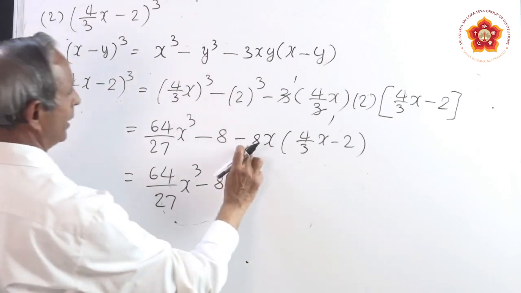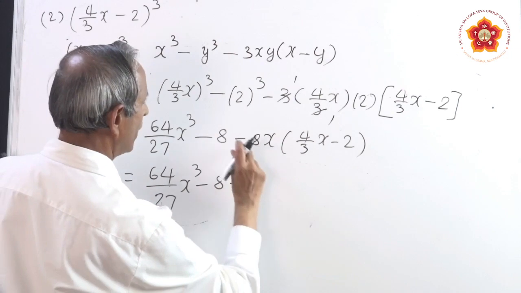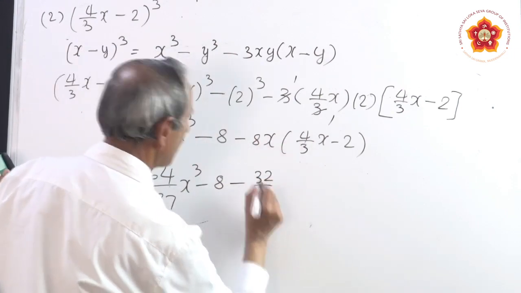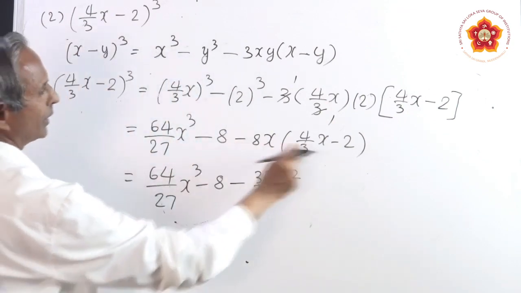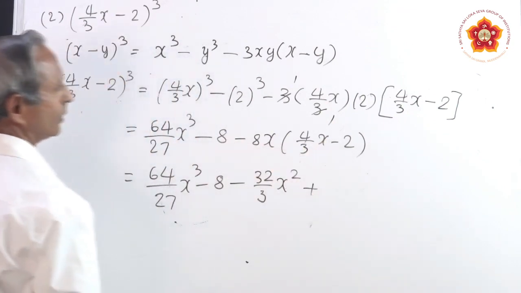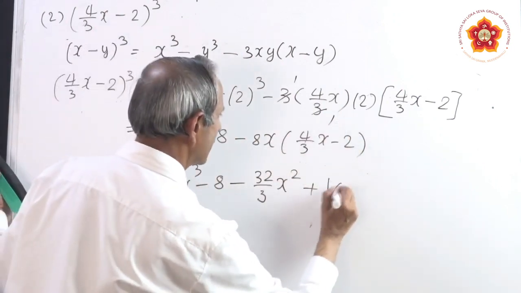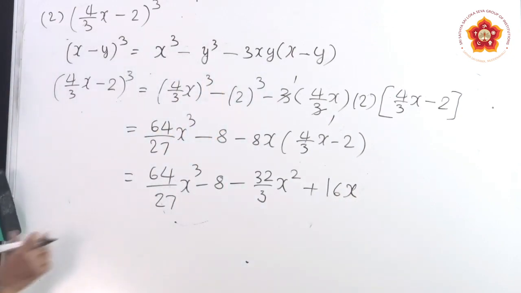If you multiply 8 into 4, you will get minus 32 by 3. x into x becomes x square. Then minus into minus, you will get plus. 8 into 8x into 2, you will get 16x. This is the cube of the given expression.